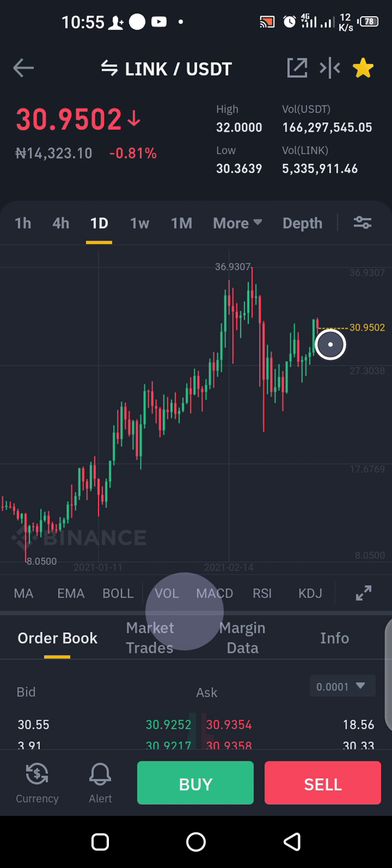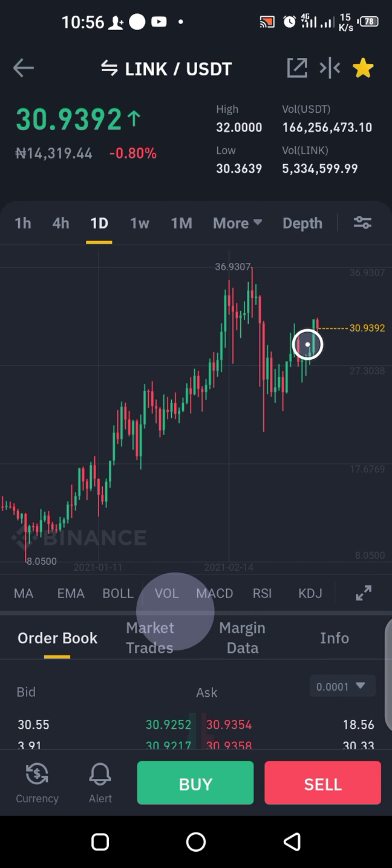So if the trailing order's new stop loss price is hit, if the market trends down, I'll still make a profit of $3 per one. That's how a trailing stop order works.